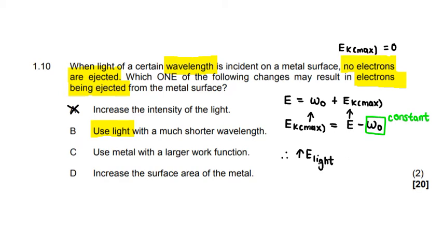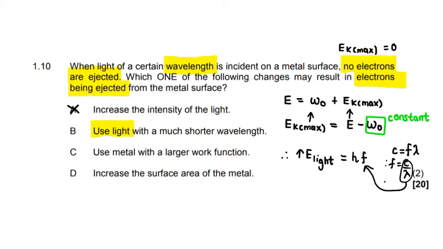Energy of light is equal to Planck's constant times the frequency of the light. I also have that the speed of light is equal to frequency times lambda. So then frequency is equal to c over lambda.